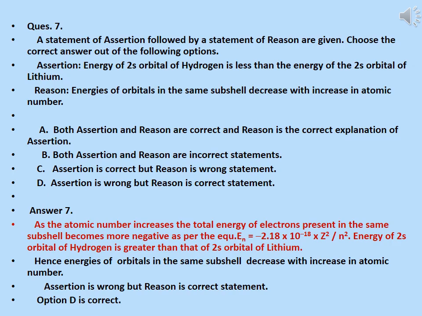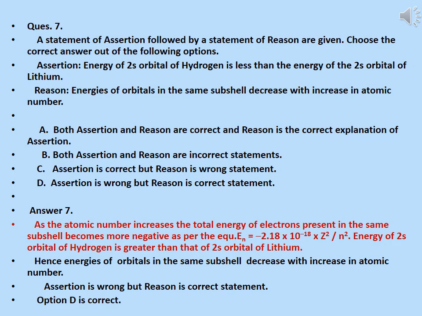We know that as atomic number increases, the total energy of electrons present in the same subshell, I had already explained what is a subshell and orbital, becomes more negative as per the equation: E_n, the energy of the subshell, is equal to minus 2.18 into 10 power minus 18 into Z square by n square.